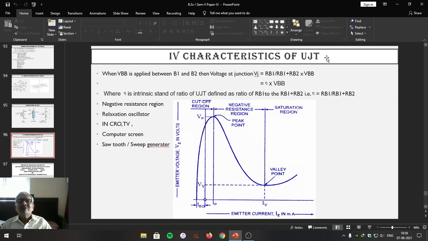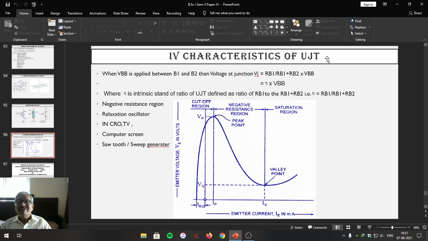And as all of us are aware from yesterday's lecture, UJT is a unijunction transistor which is composed of N type of semiconductor bar with P type of semiconducting layer diffused at the center known as emitter, ohmic contact at the bottom, ohmic contact at the top known as respectively B1 and B2.